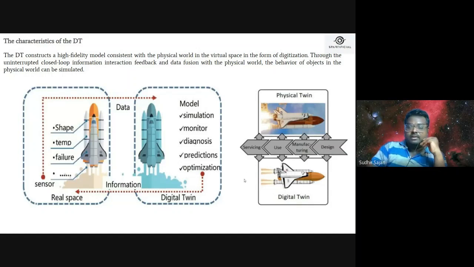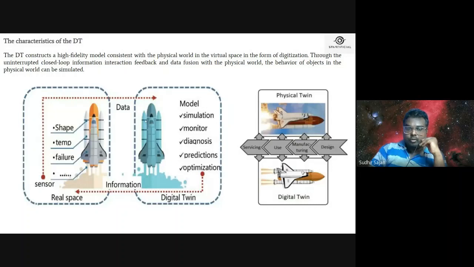Okay, so after the optimization is done, the corrections coming from these predictions become information, and that information comes to the real space, and based on that the rectification happens here, and finally it will give a safe flight. We can use this digital twin even when we start to design, manufacture, or service.